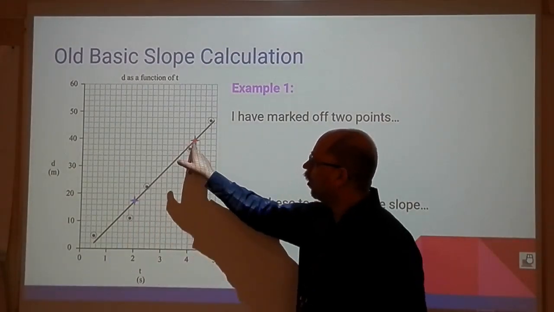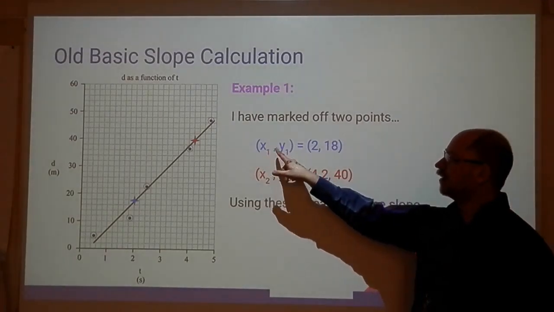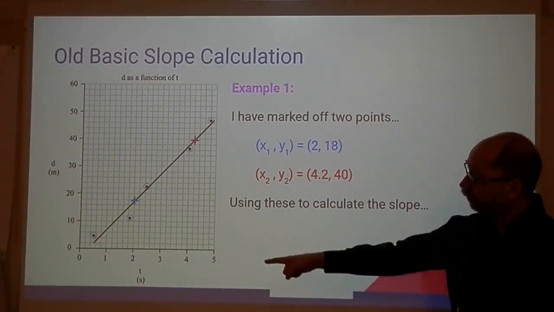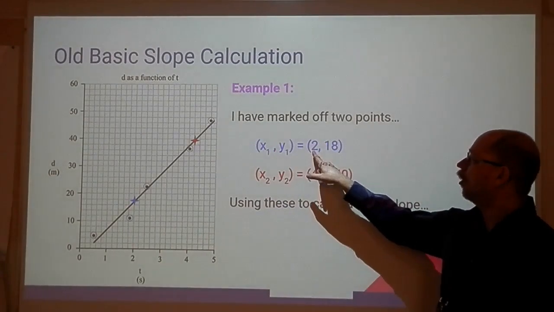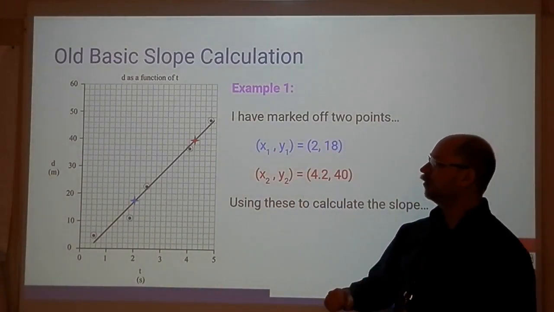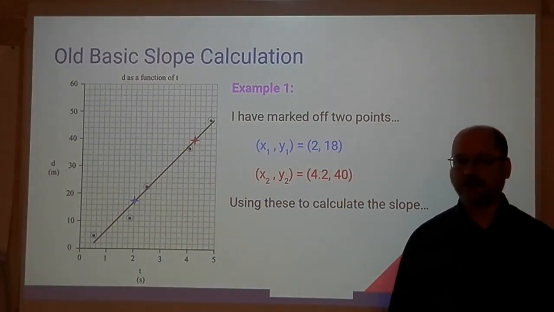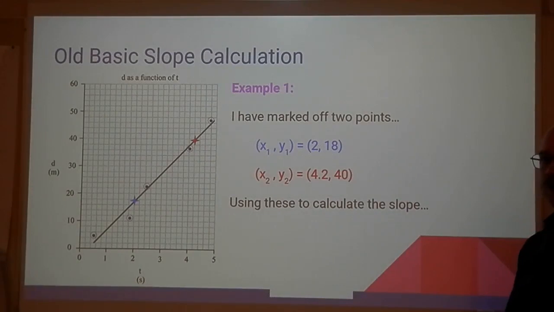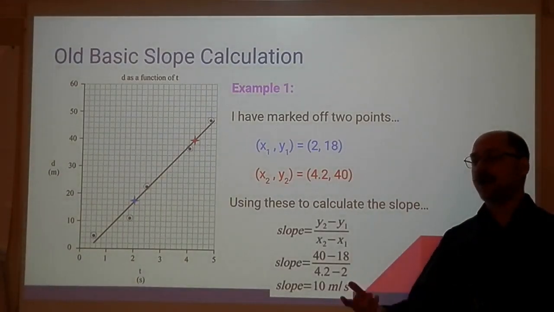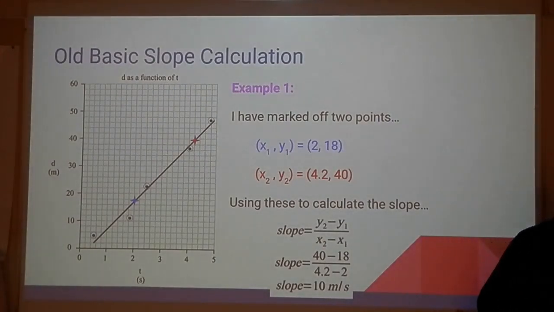So you can see I marked off a couple here. Those are their values. The x, y paired coordinates of the blue one over here are 2 and 18. So that's the x and y values. And then for the red, I have 4.2 and 40. So if I'm just going to do this old school, I'm going to pull out the slope formula, and different people write it different ways. Some people write rise over run or delta y over delta x.